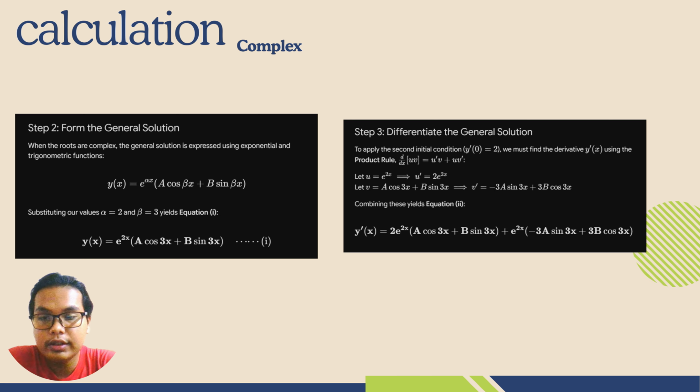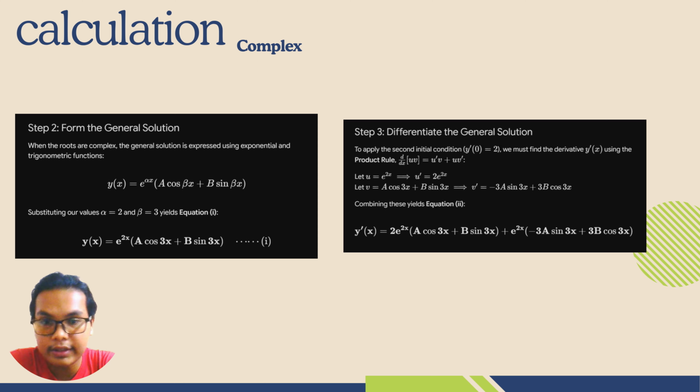The value that we differentiate, we will put on u prime, which is going to be u prime equals to 2 exponent power of 2x. Then we will let v equals to a cos 3x plus b sin 3x. Again, we will differentiate the equation, and the value that we differentiate, we will put on v prime, which will be v prime equals to negative 3a sin 3x plus 3b cos 3x.